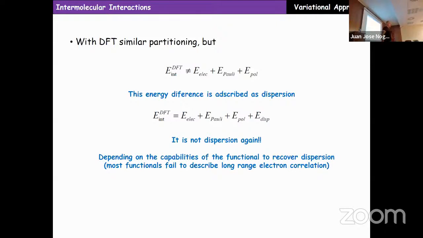It's necessary to include it in all DFT functionals, because some developers of DFT functionals say, no, my functional includes dispersion, it is parameterized with dispersion-free error, etc. It's not true, and you will see it in the afternoon. There are much better functionals, others that are poorer for dispersion, but there is no functional free of dispersion error.